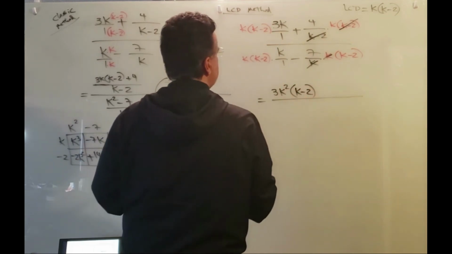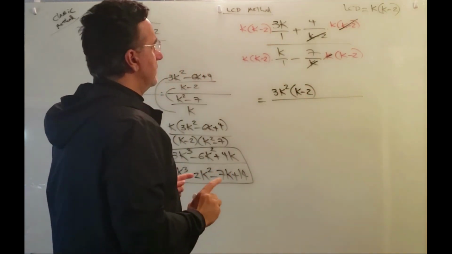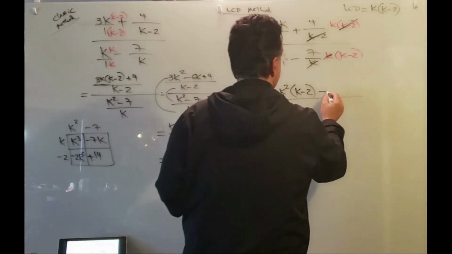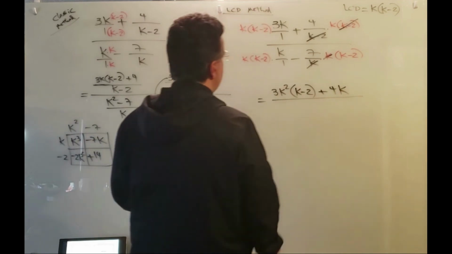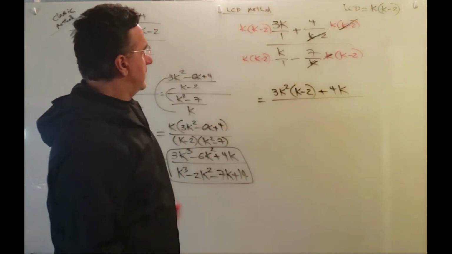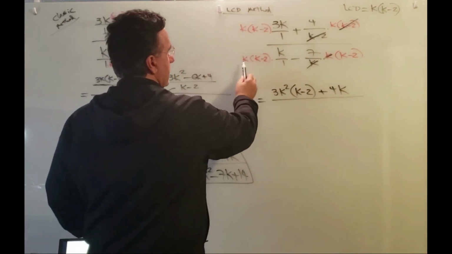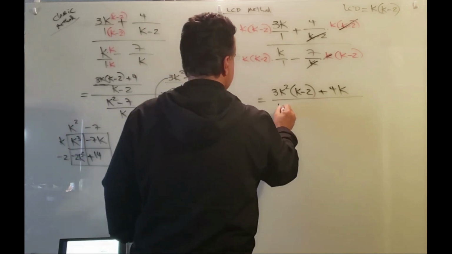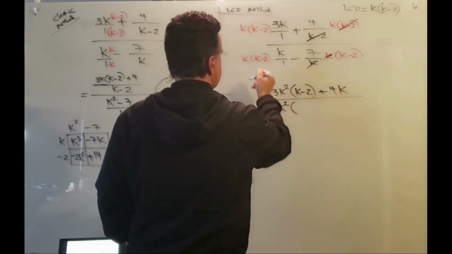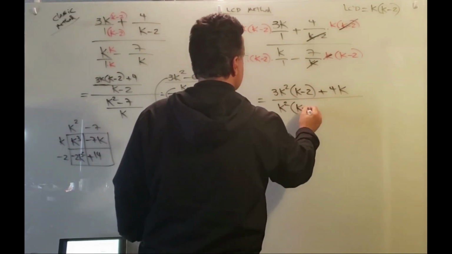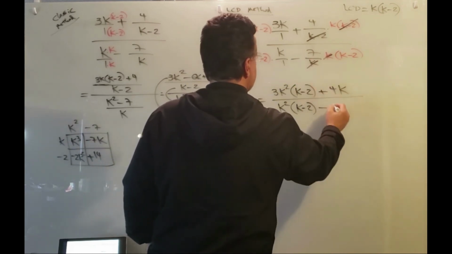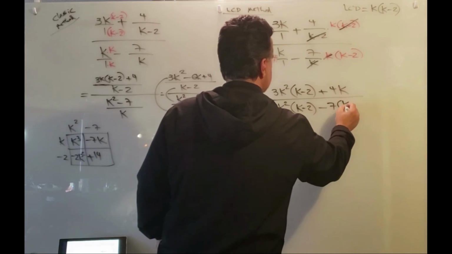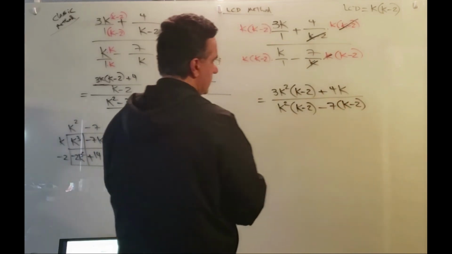Got to do this very, very carefully, plus 4k. Now down here you're going to have k times k, which is k squared, times k minus 2 minus 7 times k minus 2.